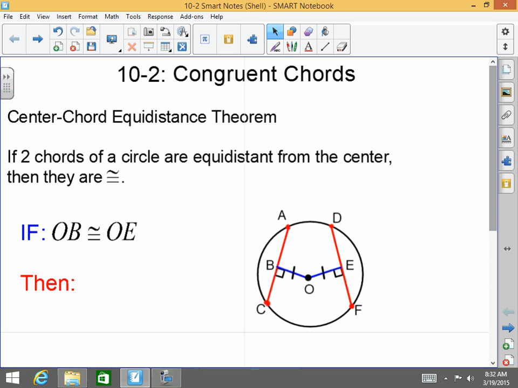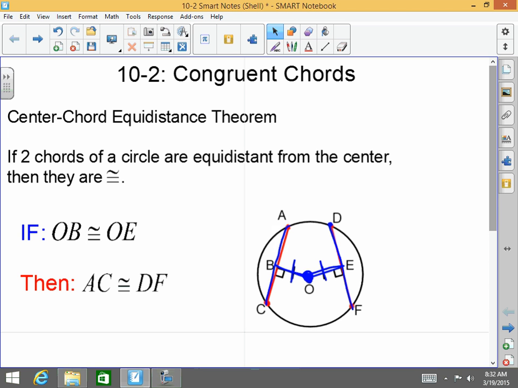If OB is congruent to OE, so in other words, the distance from this chord to the center is congruent to this chord to the center. They're both congruent. They are equidistant from the center. It does not mean that they're equidistant from each other. That means that they're equidistant from the center. Then the chords will be congruent.